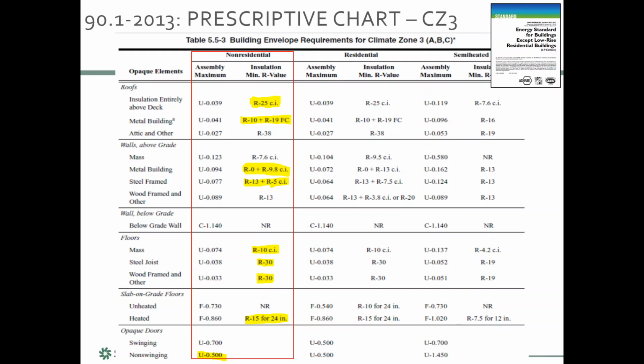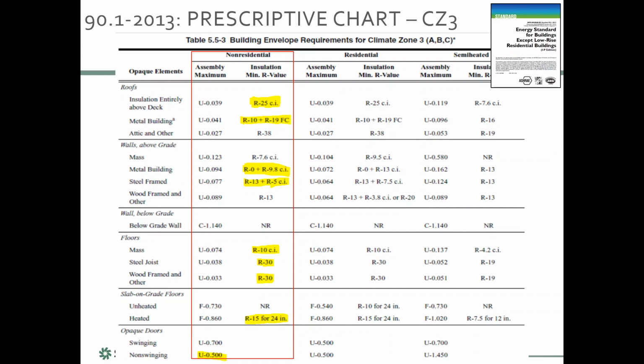Or you can do any assembly that has roof insulation up there as long as you get a U-0.039 or lower U-factor. Likewise, metal buildings. If you do an attic situation, my pointer runs away. An attic situation, it's R-38 prescriptively, or any assembly that has a U-factor of 0.027 or lower.